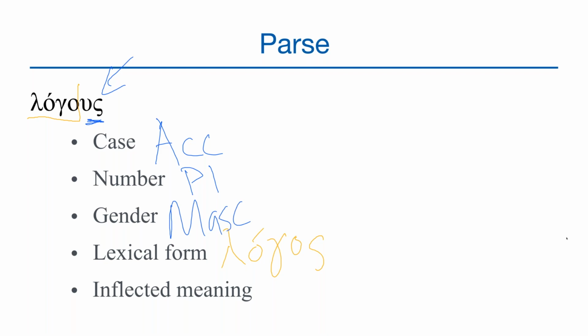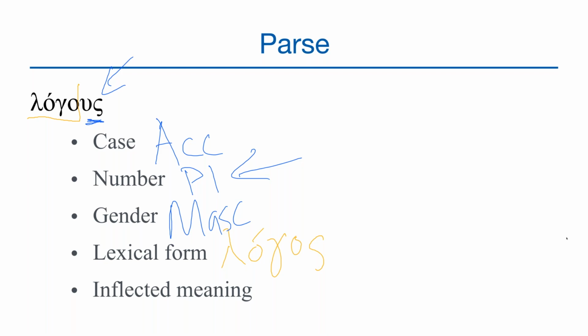Now the inflected meaning is the meaning that it is in that particular case. So logos is word. What would logos be? Not feminine. Okay, the accusative form of word?